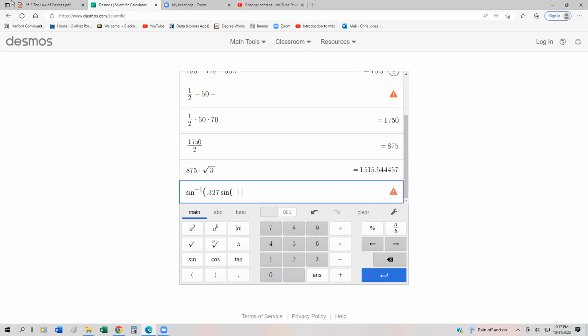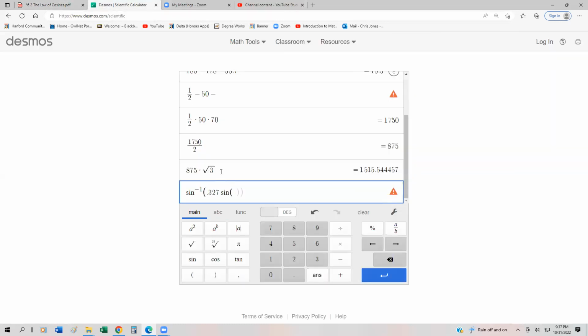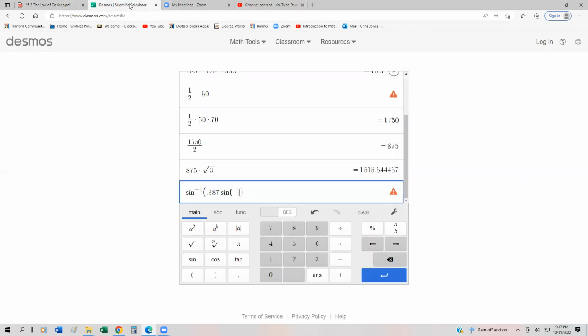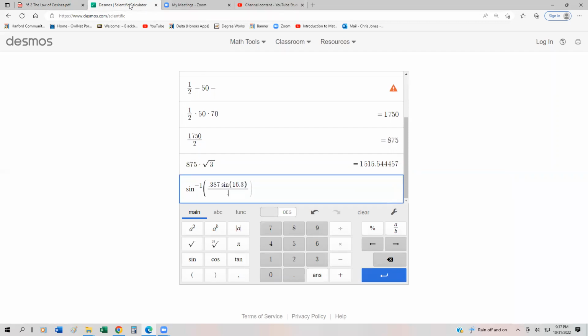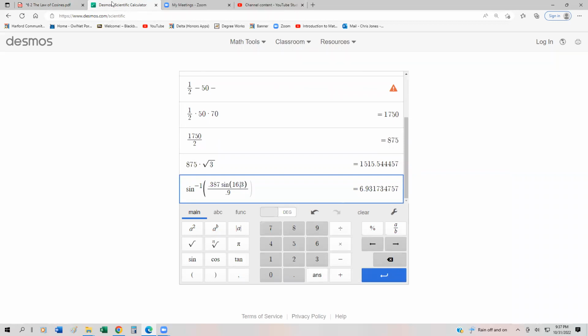So we have the arc sine of 0.387 times sine of 16.3 degrees, divided by 0.923.